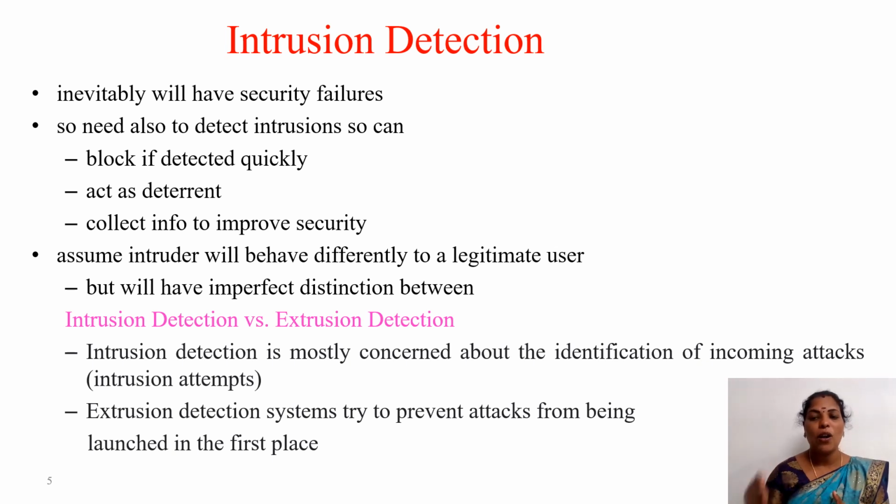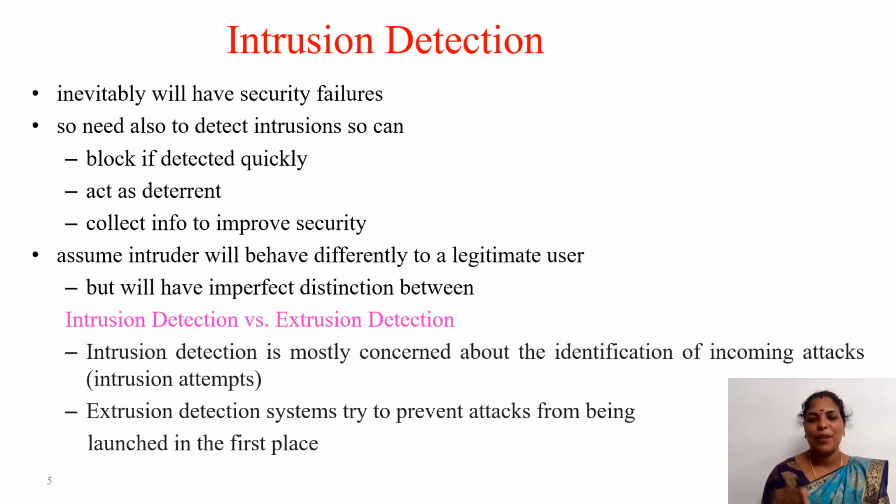In spite of all the security measures, intruders work in a very intelligent way, come inside the system, and do some unwanted access. Many security measures are there, but in spite of them, there may be some failures in the security also.